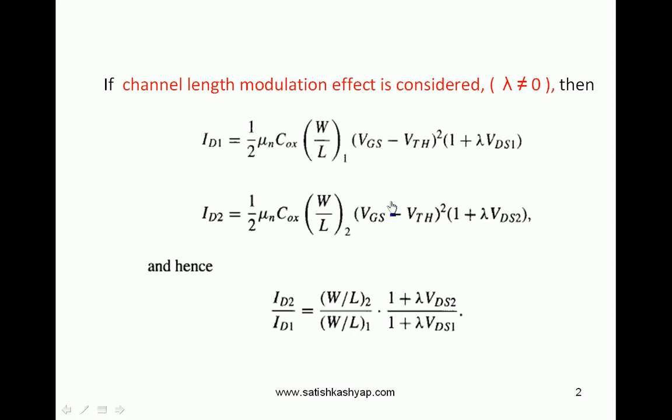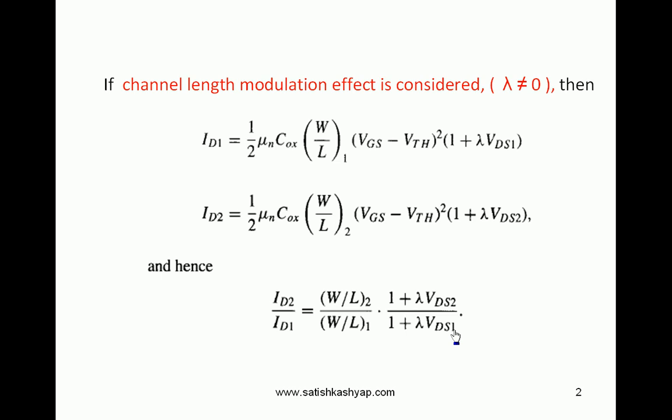We are adding the extra term 1 plus lambda VDS1 for ID1 and 1 plus lambda VDS2 for ID2. These terms are the effect of channel length modulation, so if you take the current ratio of the simple current mirror, it is not only W by L of 2 by W by L of 1, but this is now multiplied with (1 plus lambda VDS2) by (1 plus lambda VDS1), where we are assuming lambda is identical for both transistors.